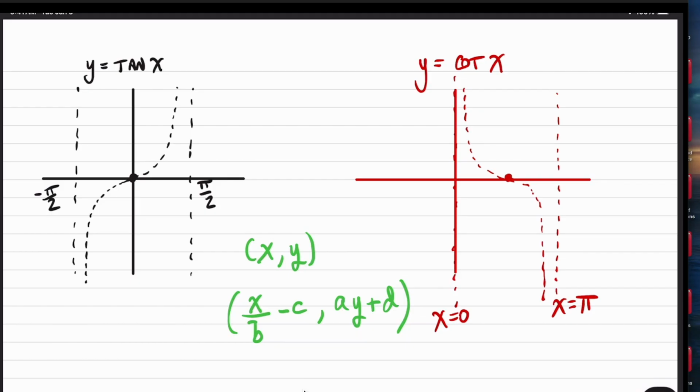So in summary, when you're given the graph and you're trying to determine the phase shift and you're dealing with a tangent, you want to look at that center point, what's happened to it. When you're dealing with the graph of a cotangent and you're trying to work backwards to get the equation, you look at how the first vertical asymptote has been shifted, and that'll give you your phase shift.